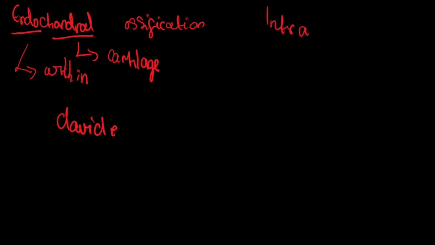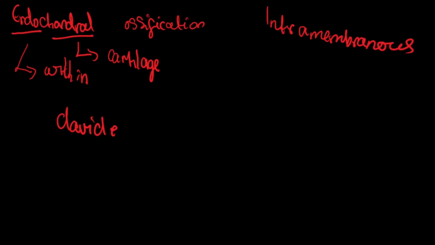Now, intra means within. Remember, as we stated earlier, in the embryo before week 8, the skeletal framework is basically made of cartilage and fibrous connective tissue membrane. In endochondral ossification, this cartilage is gradually converted into bone. However, for intramembranous ossification, the bone is formed within the fibrous connective tissue membrane.